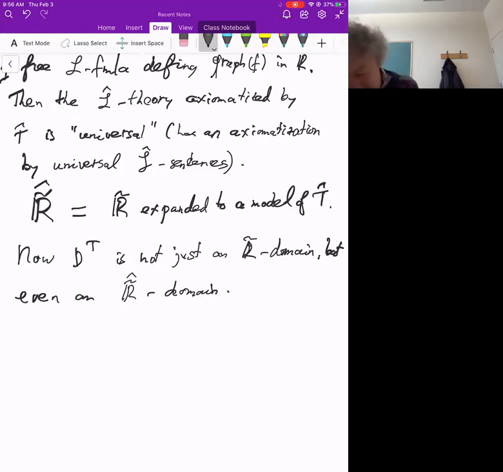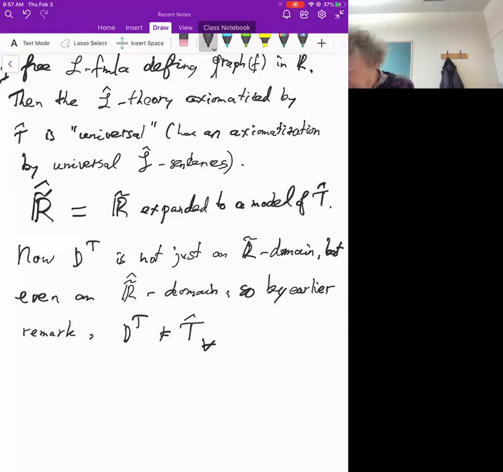Oh, and now I see that I said before that this remark I made about an R tilde domain being a model of the universal part of T wasn't going to be used, but in fact, that's wrong. I am using it here, namely, by the earlier remark, D tilde viewed as an R tilde hat domain is a model of the universal part of T hat.